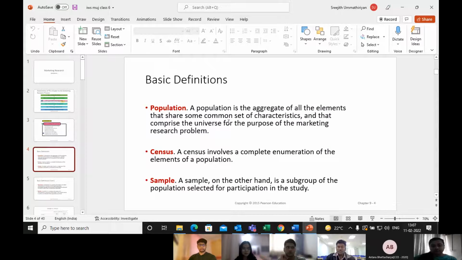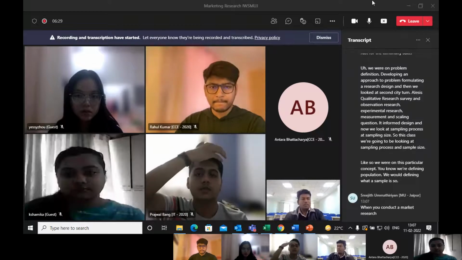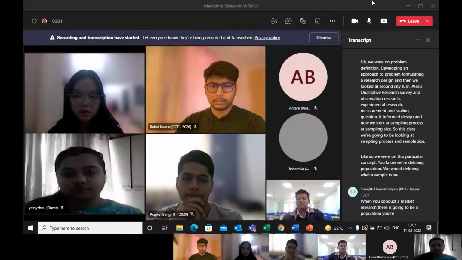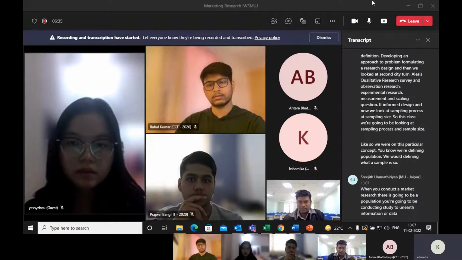Right, so we were on this particular concept, we were defining population, we were defining what a sample is. When you conduct a market research, there is going to be a population. You're going to be conducting a study to unearth information or data about a population, right?